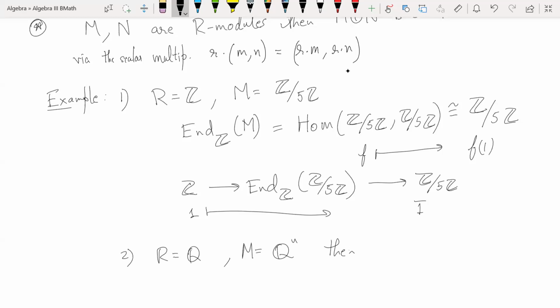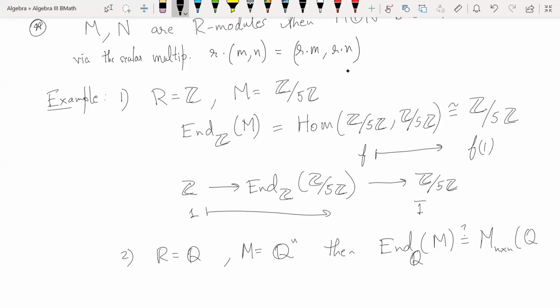Then what is End(M)? It is n cross n matrices over Q. You can think of it as n cross n matrices over Q.